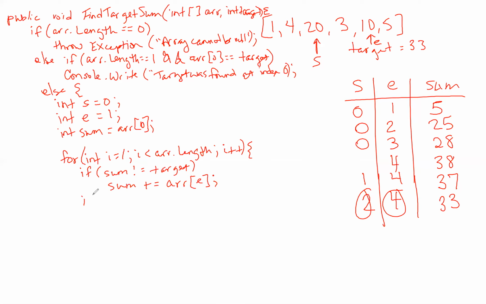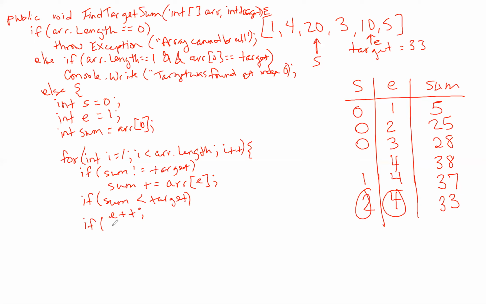Then if sum is less than the target, we know we want to increase E, because we need to keep adding things to it.